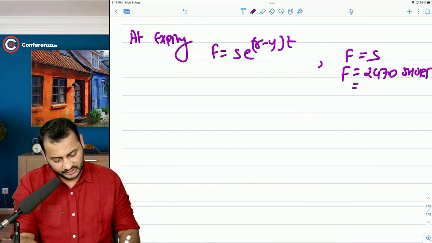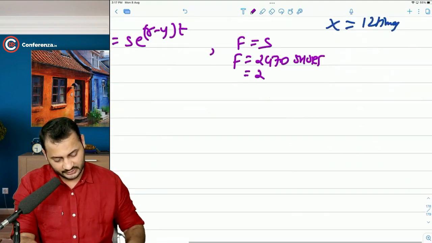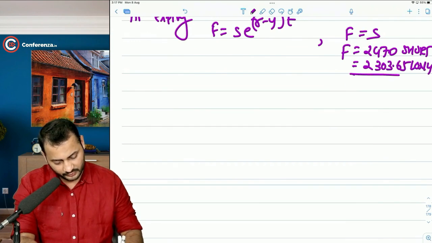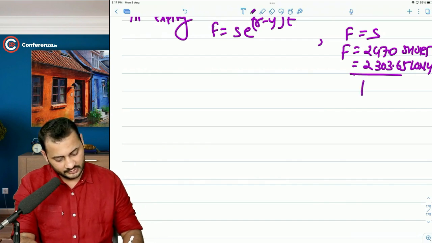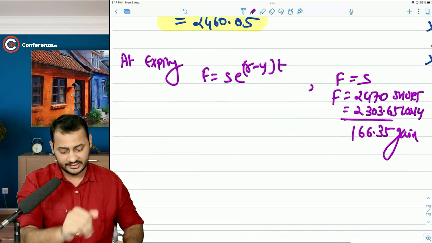You had a long position at 2303.65, and the profit will be 166.35 gain. This is the simplest answer at expiry, only at expiry.